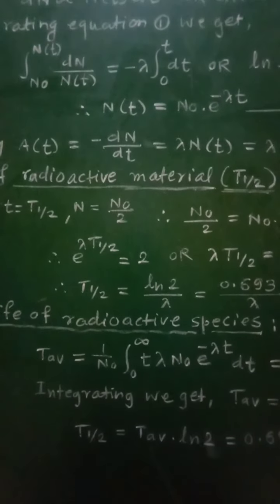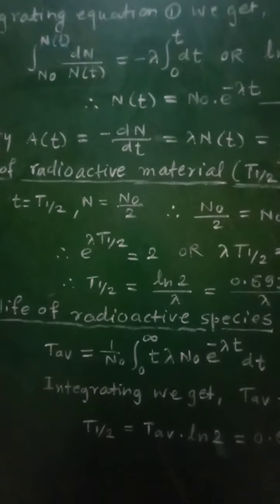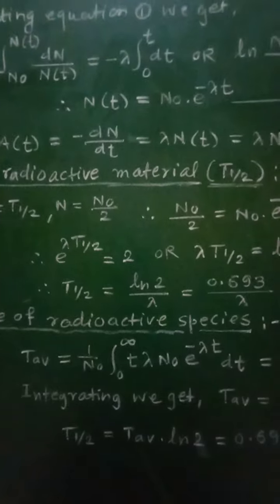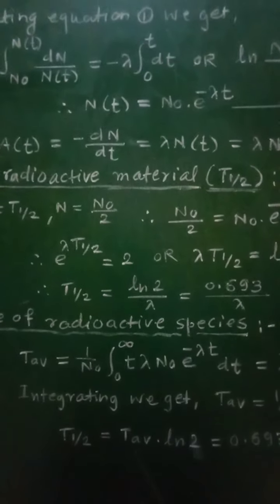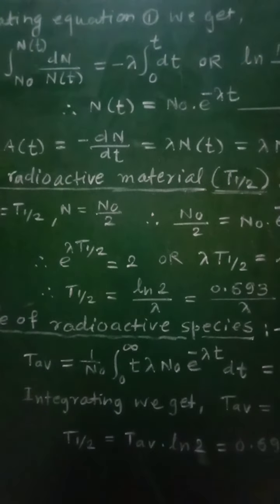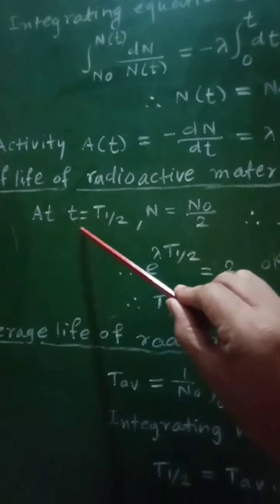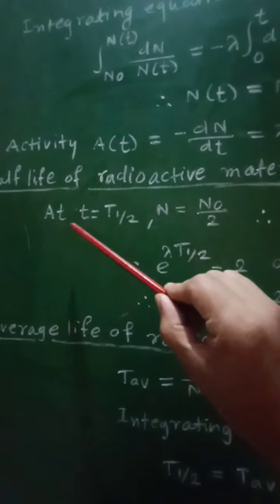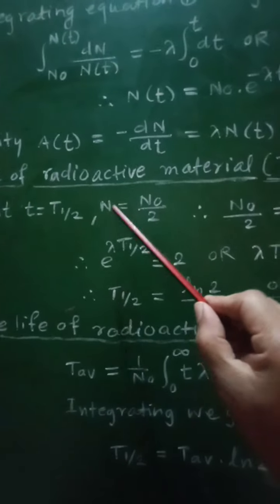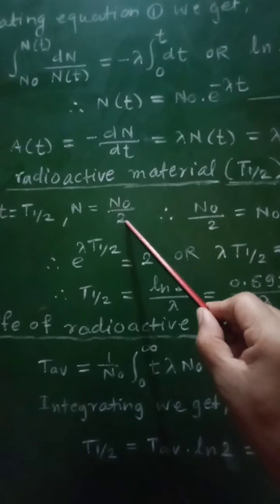That means if n0 represents the number of nuclei present initially at time t equal to 0, then at half-life the number of nuclei present will be n0 by 2. Therefore, at t equal to t half, that is, at a time interval equal to the half-life, the number of nuclei n will be equal to n0 by 2.